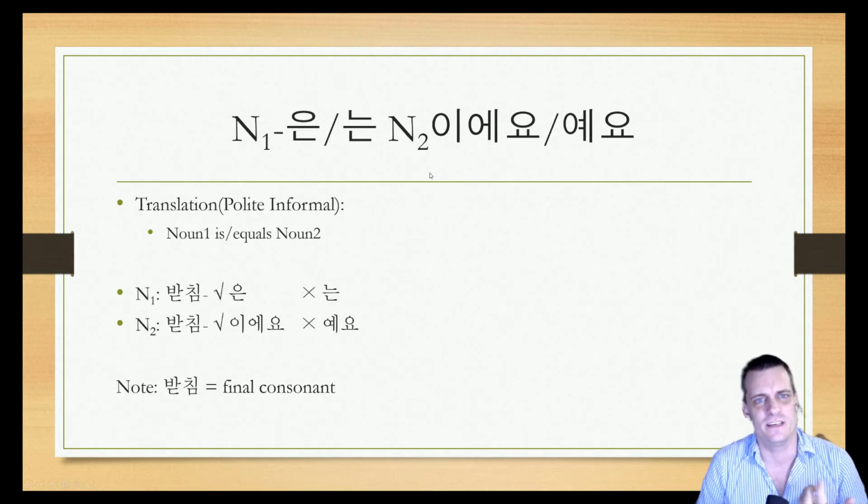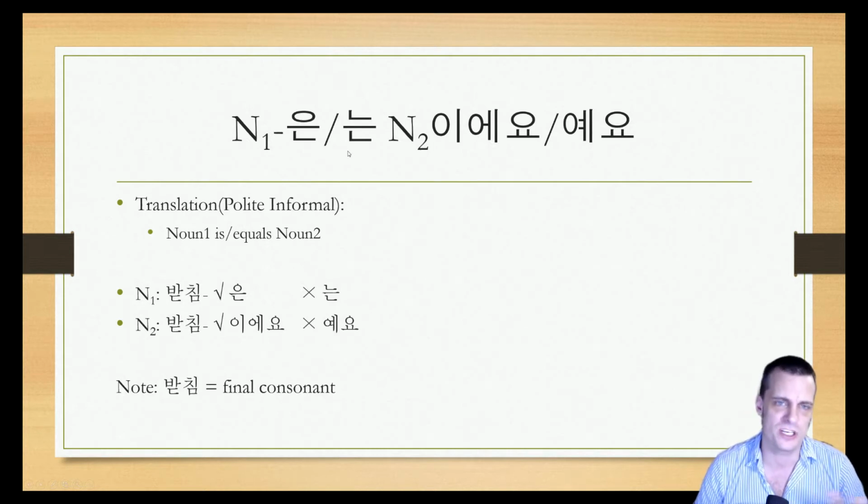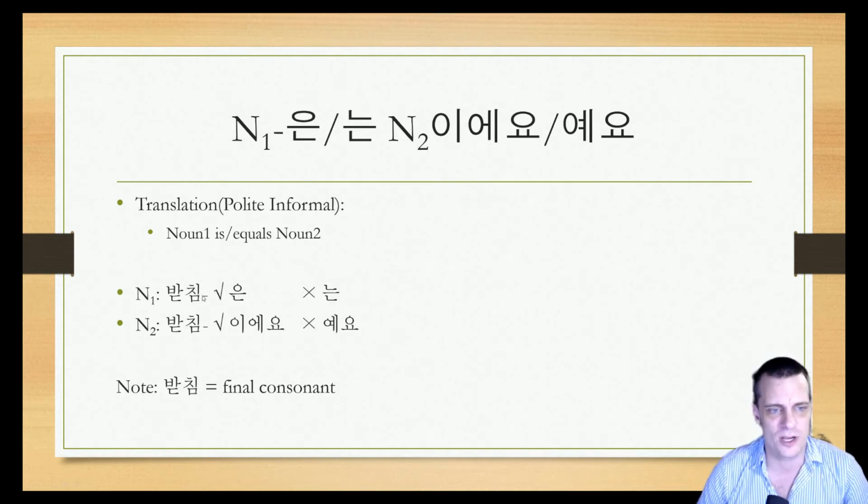The reason for this is the grammar conjugation on the particle form used depends on whether the nouns have a 받침 or not. Now, this is something I'll cover in a specific lesson which looks at what a 받침 is. But if you have a look at the word 받침 here, it's a final consonant, and the direct translation of 받침 is final consonant.